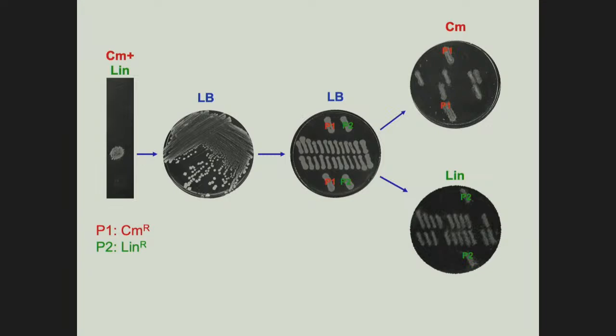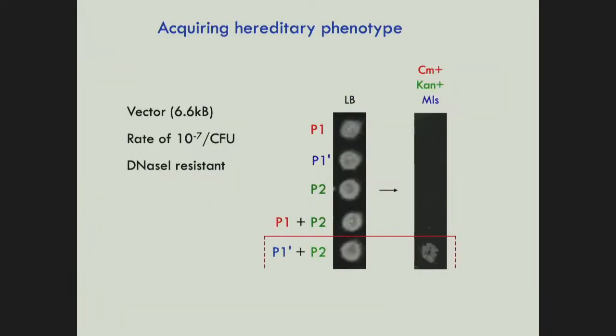Only those two plates did grow. That means there is a change in the molecule. Clearly they acquired it hereditarily.